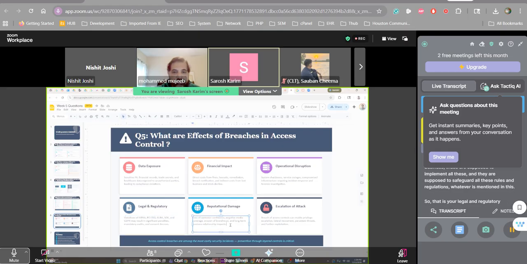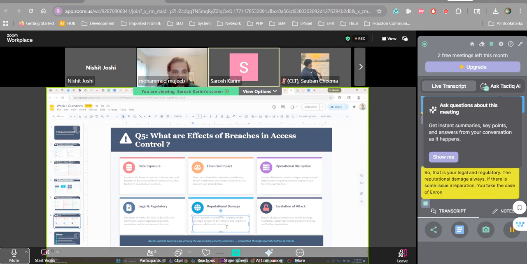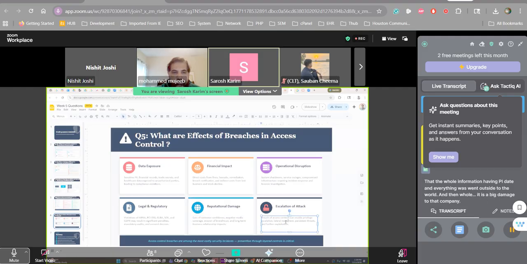Then reputational damage. If there is some issue, reputation suffers. Take the case of Enron. I think a few years back, the whole information, including PI data, went outside to the world, and it was a big damage to that company. Then escalation of attack: breach of access control can enable privilege escalation, lateral movement, persistent threats, and further exploitation. It is a chain reaction.